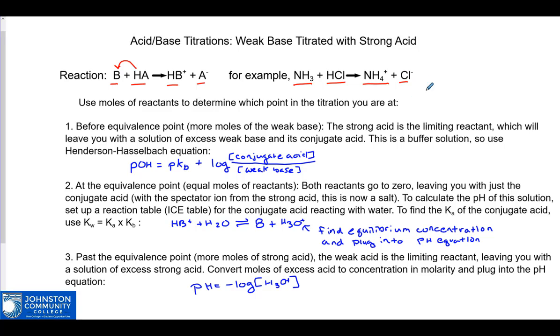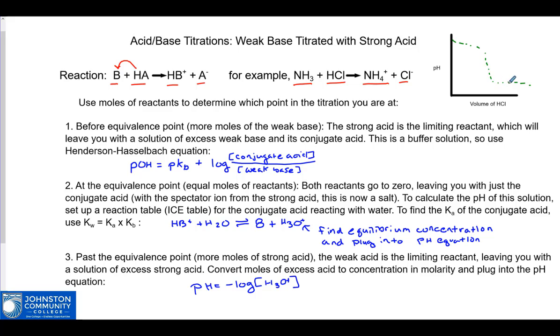So, in an acid-base titration, starting with a base, the curve would look something like this. The pH at the start would be high because it is a weak base solution, and as you add increasing volumes of your strong acid, your pH will start to slowly go down until it suddenly drops right here, somewhere around the equivalence point, wherever you would end up having equal moles of your acid and your base.